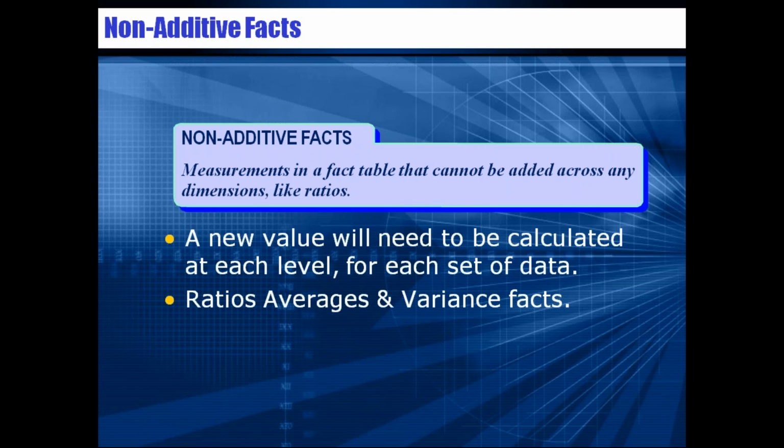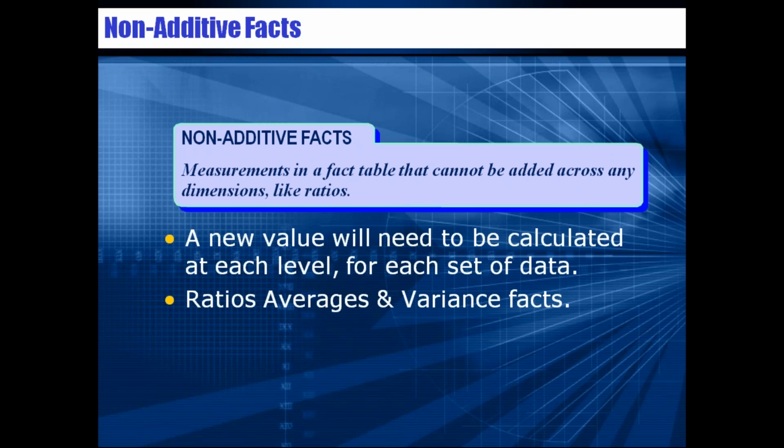Again, the same thing, order number, which is a degenerate dimension, but it is added in the fact table. Can we do any of the functions on these order numbers? Can we do any average, any variance, any of the arithmetic functions on these order numbers? Are we going to derive anything?